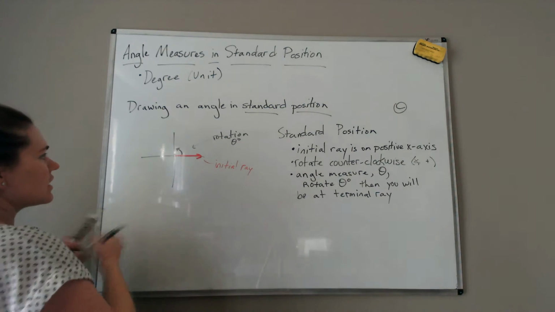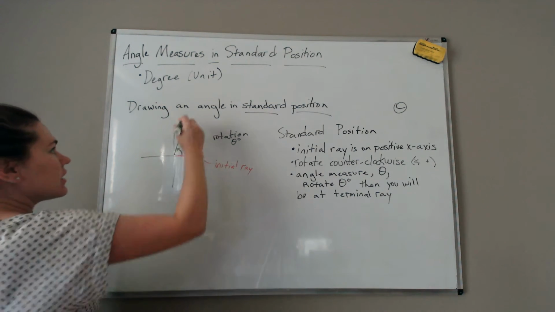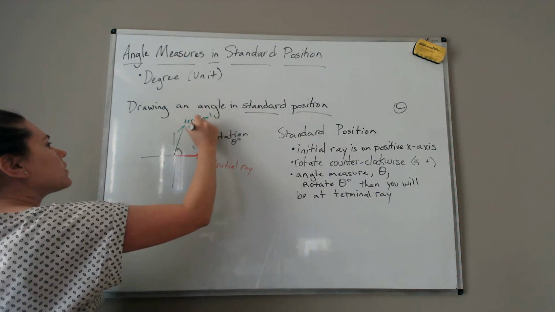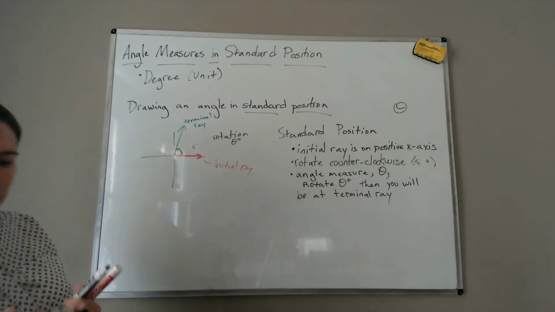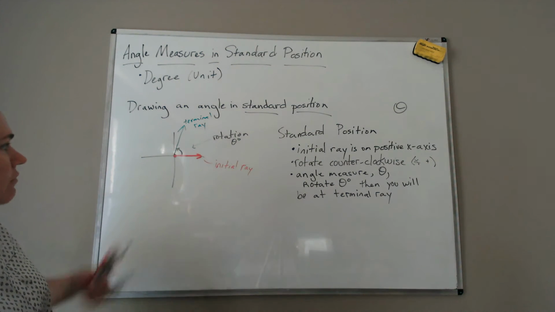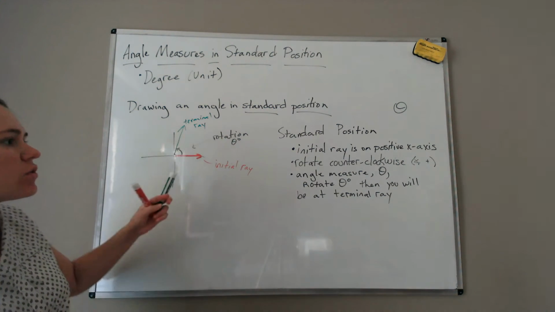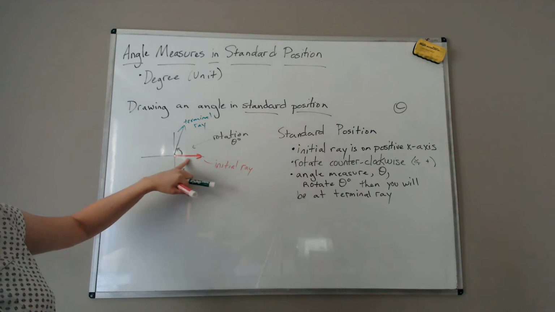This angle is theta, and this is the terminal ray. So this angle of rotation is theta degrees. The vertex is always a central angle. In standard position, you always have the initial side going on the positive x-axis.